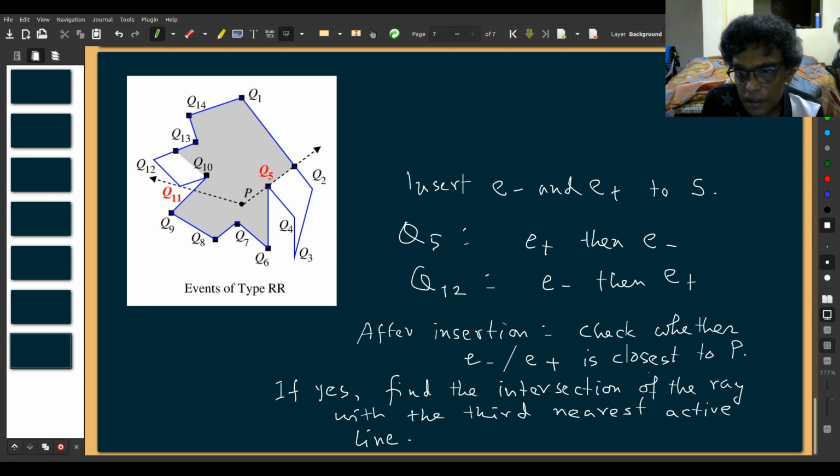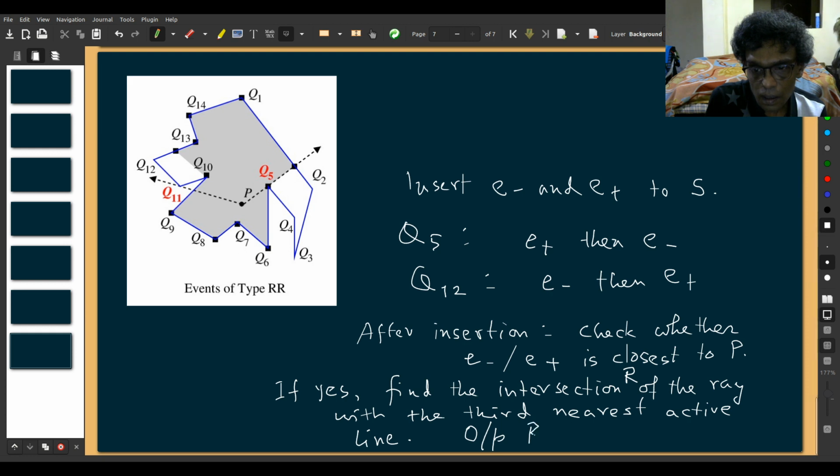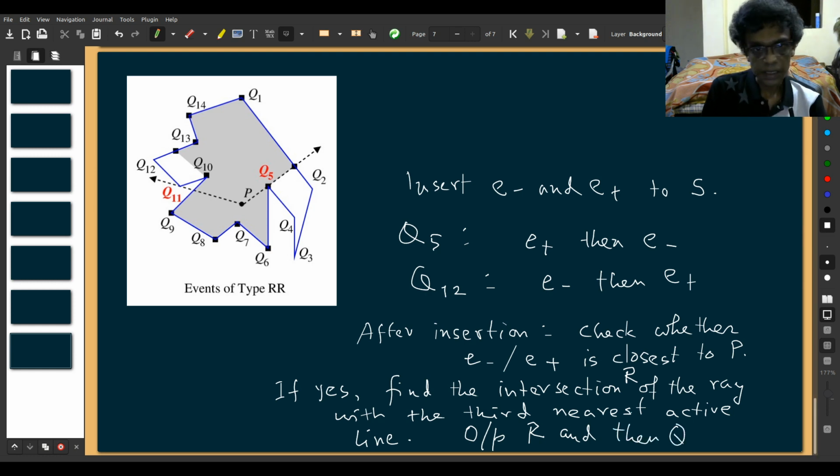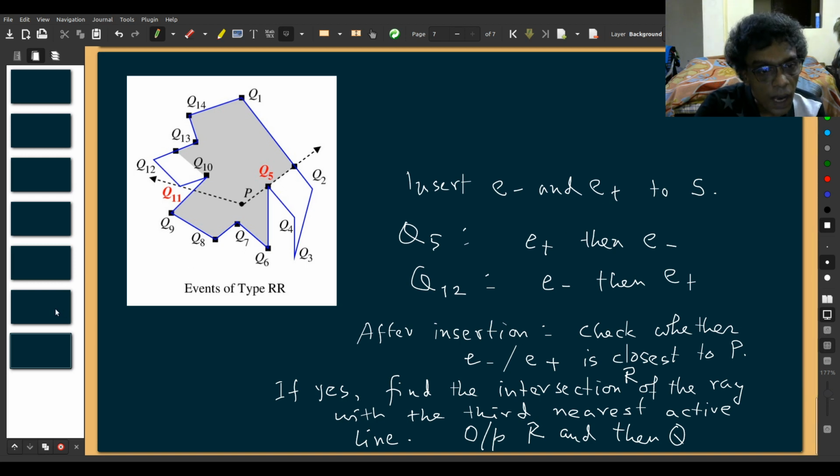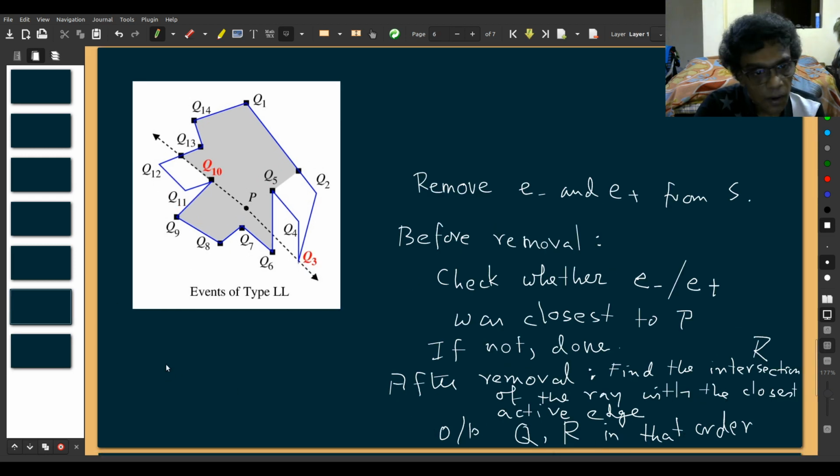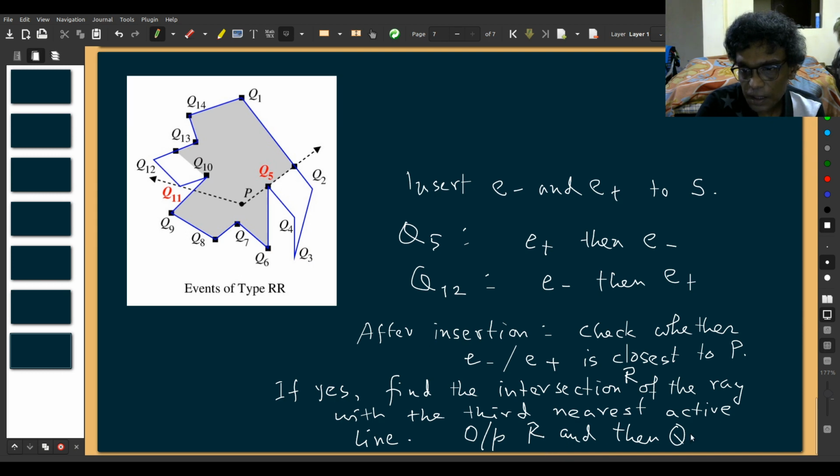If I call this intersection R, then you output first R and then Q. Okay, in that order, R and Q. Earlier you see Q and R in that order, but in this case we have R and Q in that order. So that's the difference between the different types of events.